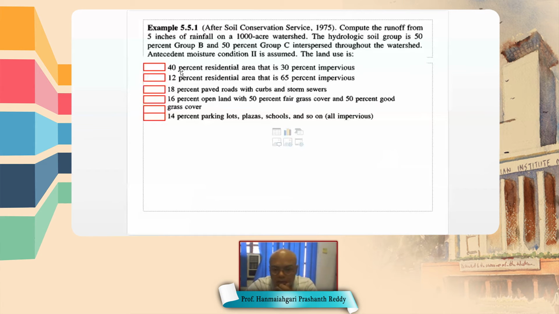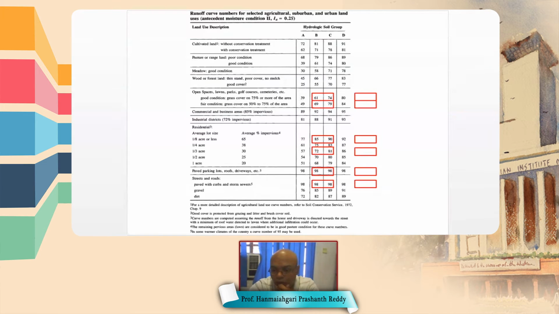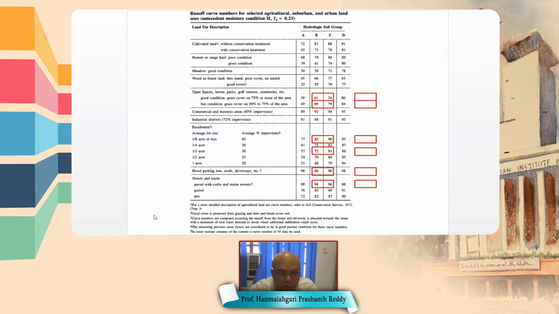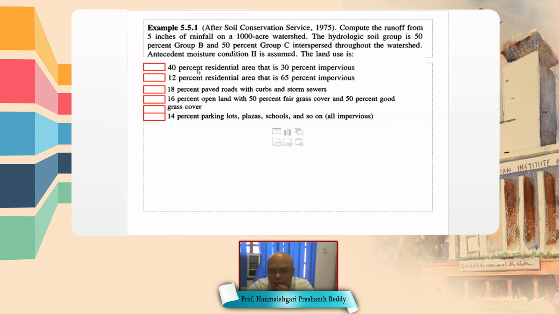Okay, see here, it is 40% residential and 30% impervious. Just hold on, it is not showing the actual numbers. I marked numbers, but it's not showing here. So first is 40% residential area and 30% impervious.